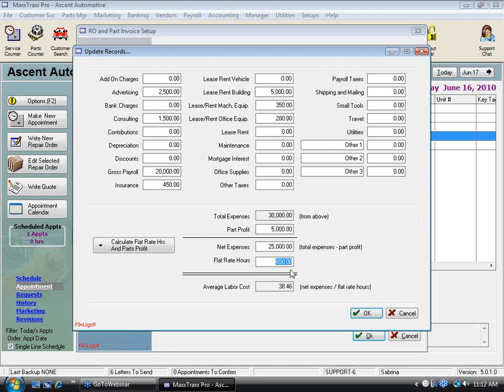Now this looks like a dollar amount, but this is actually flat rate hours. I think I probably came up with something along the lines of, with my staff of 5 technicians, we are billing 650 flat rate hours a month. So that is another manual number you need to put in. And that's how I came up with this resulting average labor cost, $38.46.